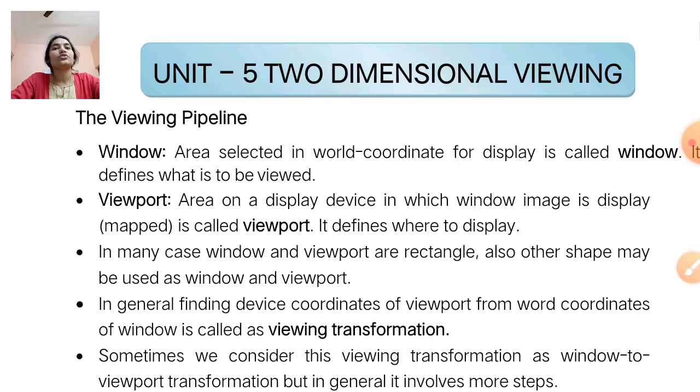The area which you want to display of the window image on a display device is known as viewport. In many cases window and viewport are rectangles. Other shapes may also be used as window and viewport.